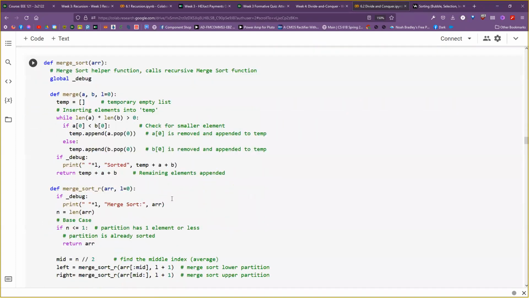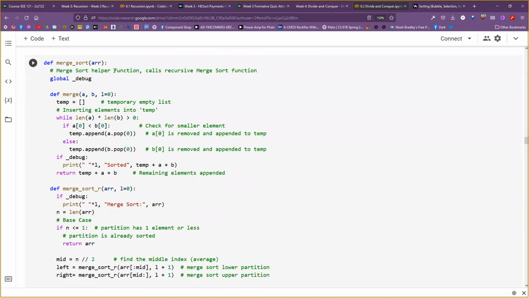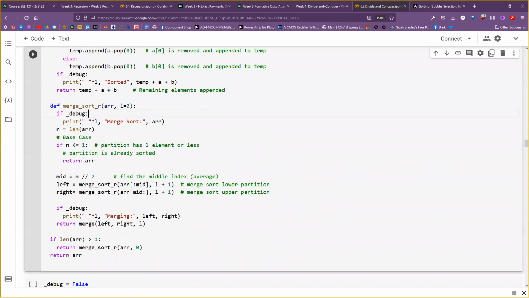So meron nang merge sort na helper function which calls yung recursive na merge sort. So yung recursive na merge sort is just i-merge sort ko yung left side, i-merge sort ko yung right side, and then i-merge ko sila. And then we now have yung ating sorted na list.